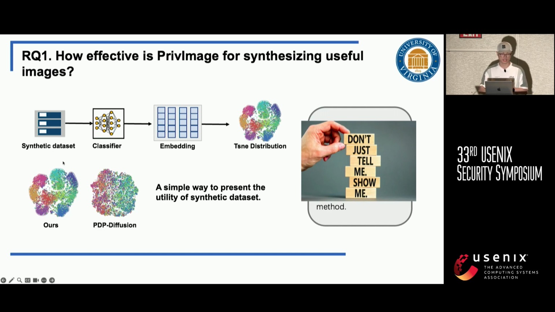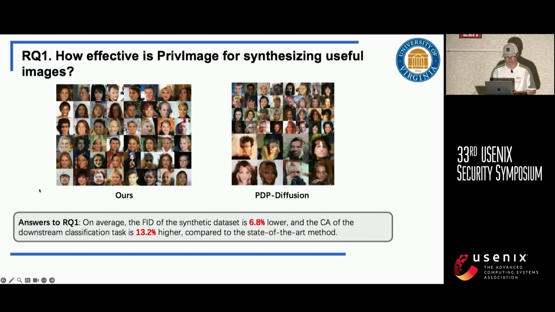We can use it to train a classifier and extract the embedding from this classifier, and then use the t-SNE method to reduce the dimension of this embedding. These two t-SNE pictures show that the synthetic dataset from our method has a clearer boundary than the baselines. We also present the visualization of our method and the baselines here.